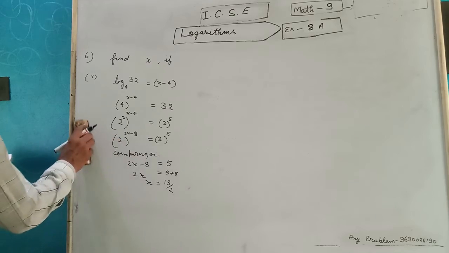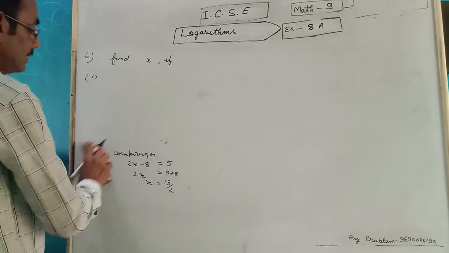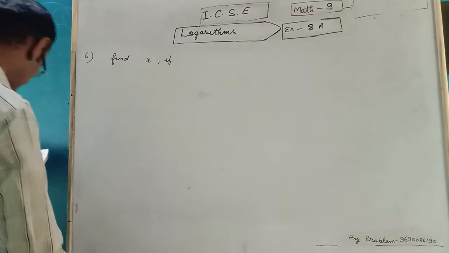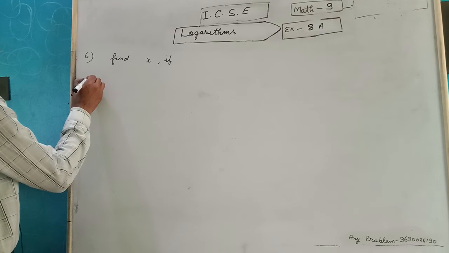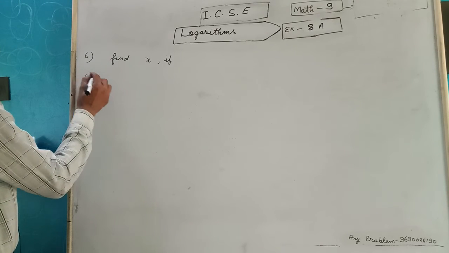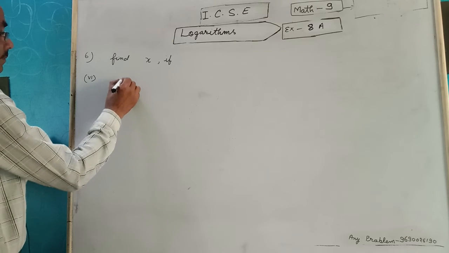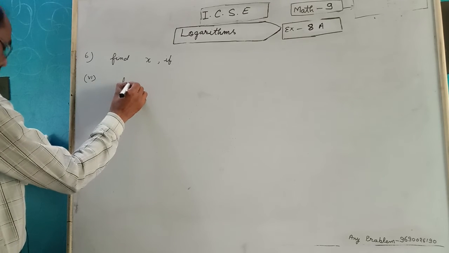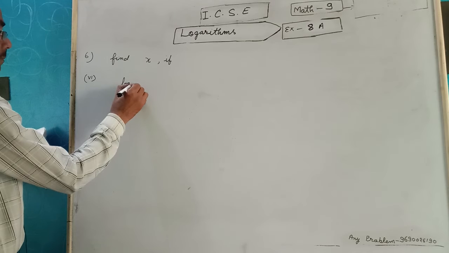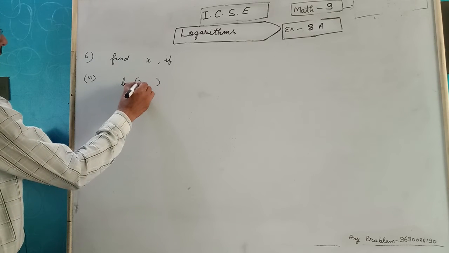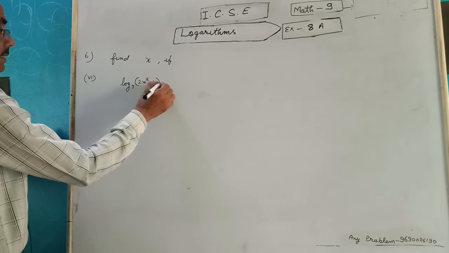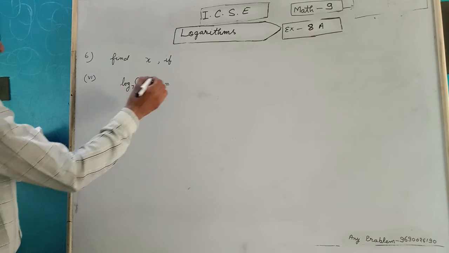Sixth part is log on 7 base, 2x square minus 1 is equal to 2.